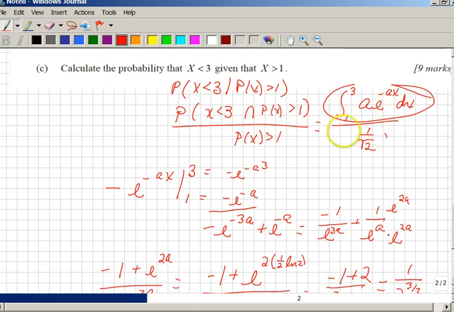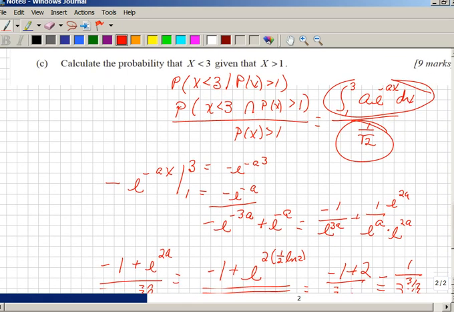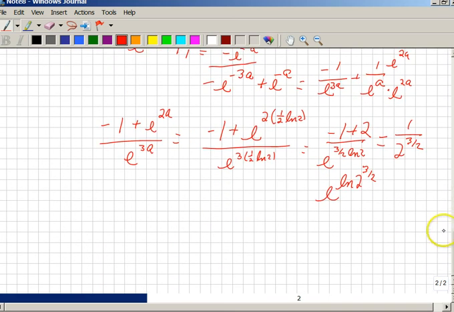Now that's all over 1 over root 2. So I've got 1 over 2 to the 3/2 over 1 over root 2, which is 1 over 2 to the 1/2. I can do a little algebra here. 1 over 2 to the 3/2 divided by the fraction, I'm going to reciprocate it, so that's 2 to the 1/2 over 1.